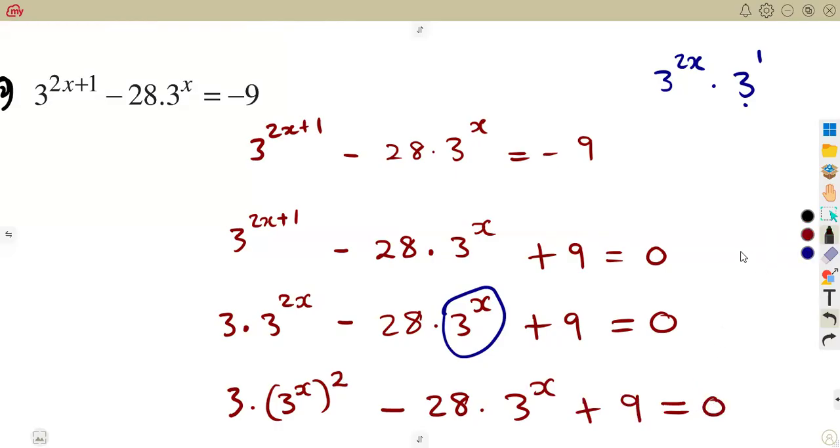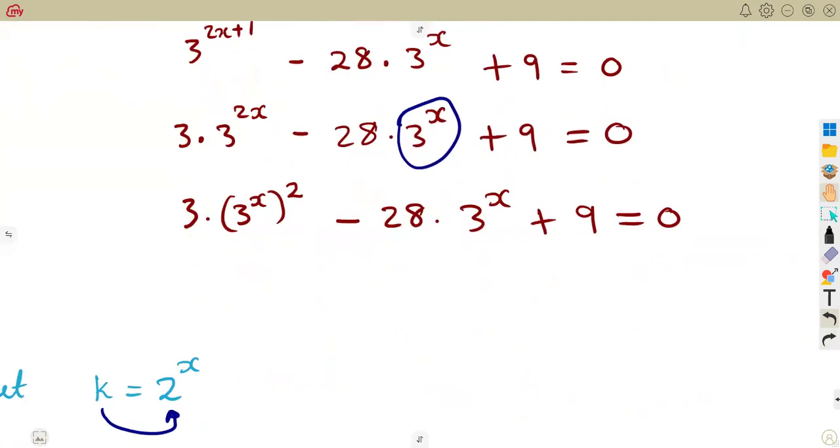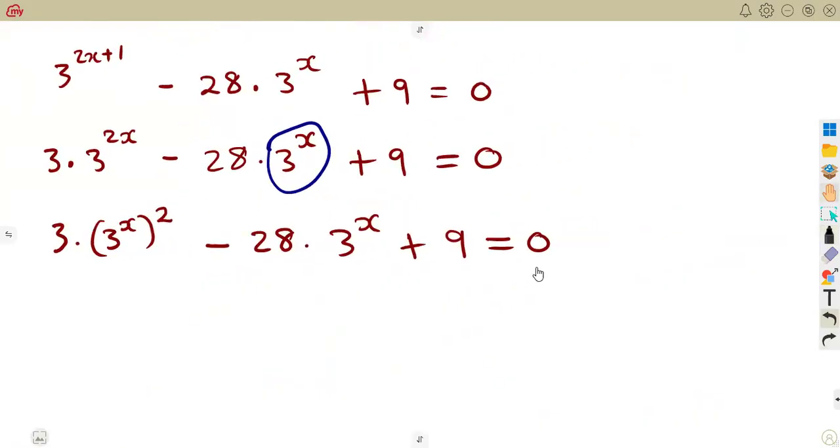This is a quadratic equation where the highest exponent is 2. But for us to solve with these 3 to the exponent of x at the same time, it becomes complicated. That's why we introduce a constant just to assist in simplification, so we can use something that is easier for us.